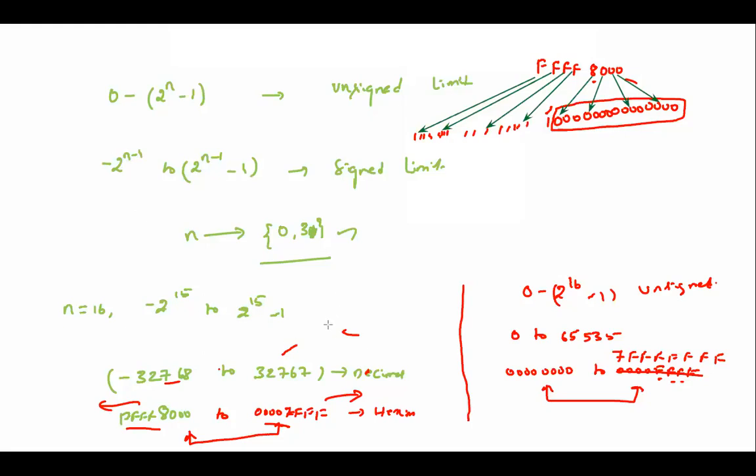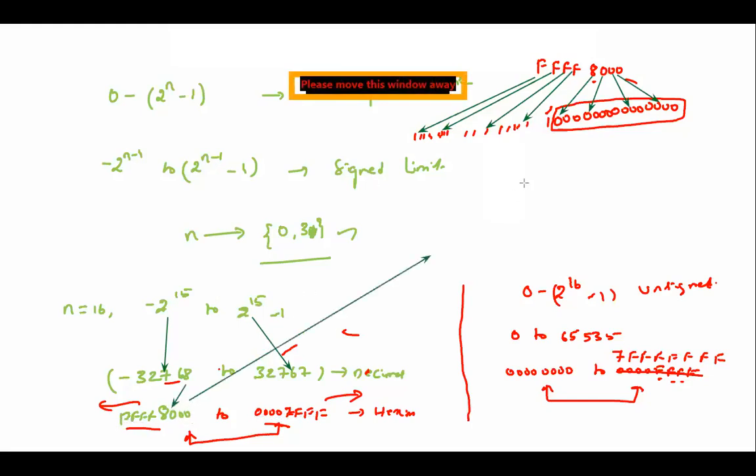If we take the values for this, this is going to be in decimal format. If I convert them to hex, this is going to be 0007FFF, and this one is going to be FFF8000. So that number is what I have taken here.